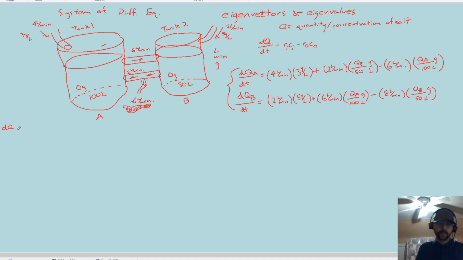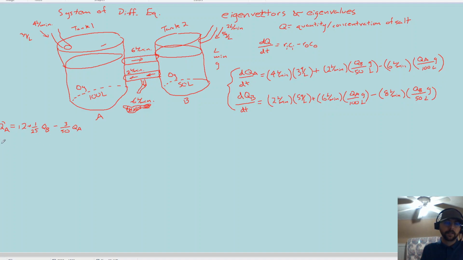The derivative of the quantity of A with respect to time equals 12 plus 1 over 25 QB, and then minus 3 over 50 QA. My numbers were not so nice.